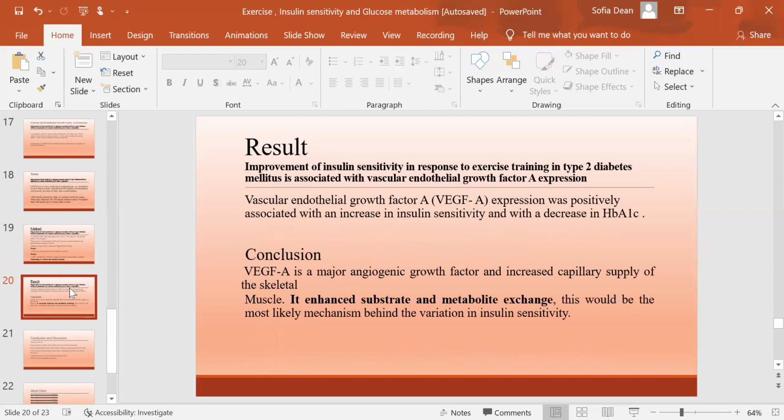Conclusion: growth factor A is a major angiogenic growth factor and increases capillary supply to the skeletal muscle. It enhances the substrate and metabolite exchange, and this would most likely be the mechanism behind the variation of insulin sensitivity.